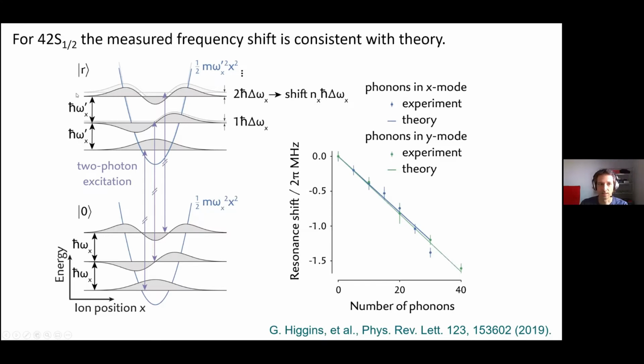In this experiment with 42S, we had on the order of 40 kilohertz per phonon. This is what you would also expect from theory, from the polarizability of your Rydberg state.